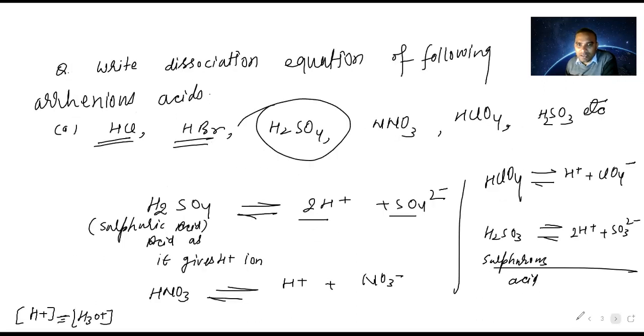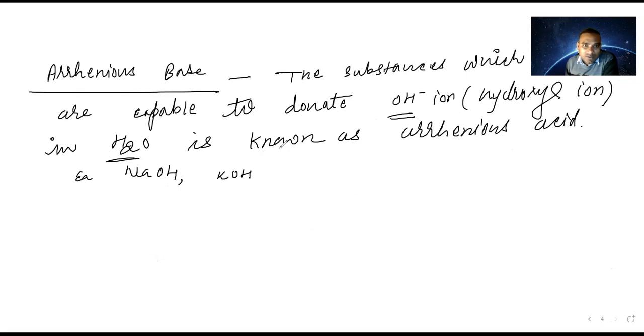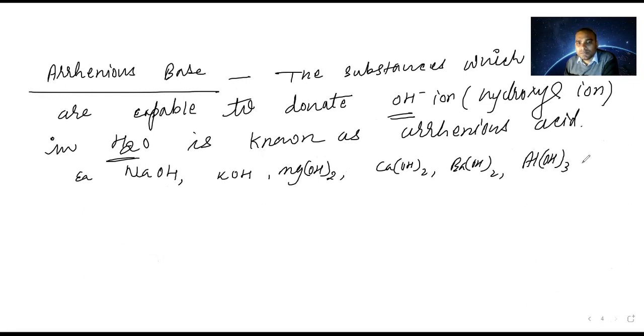If water, okay, that is what the concept said. So KOH is there. Mg(OH)2 is there. Ca(OH)2 is there. Ba(OH)2 is there. Al(OH)3 is there. A number of examples are possible.